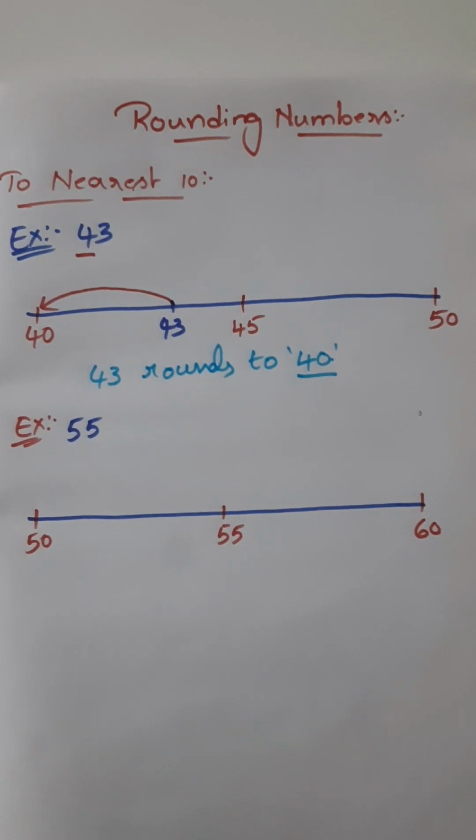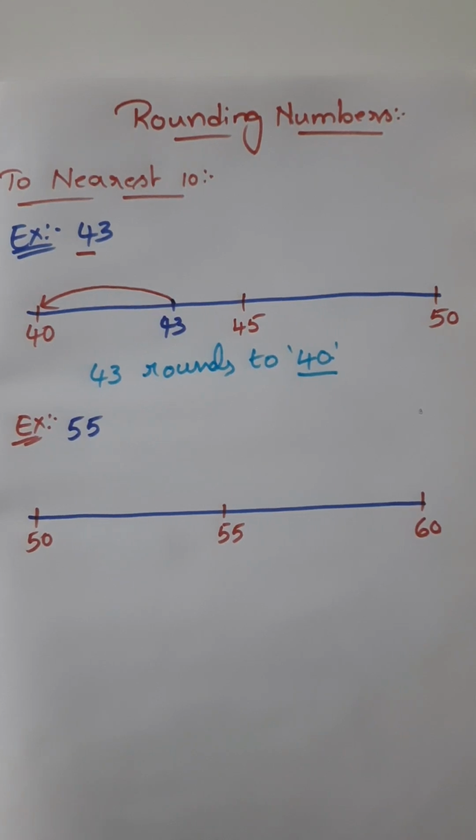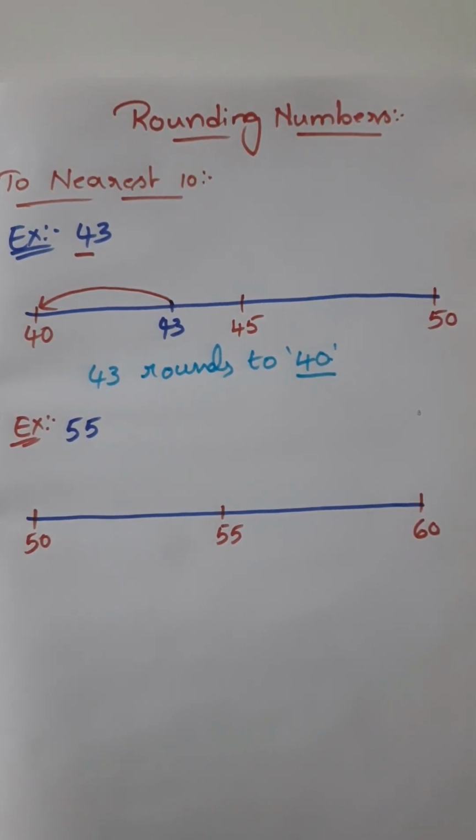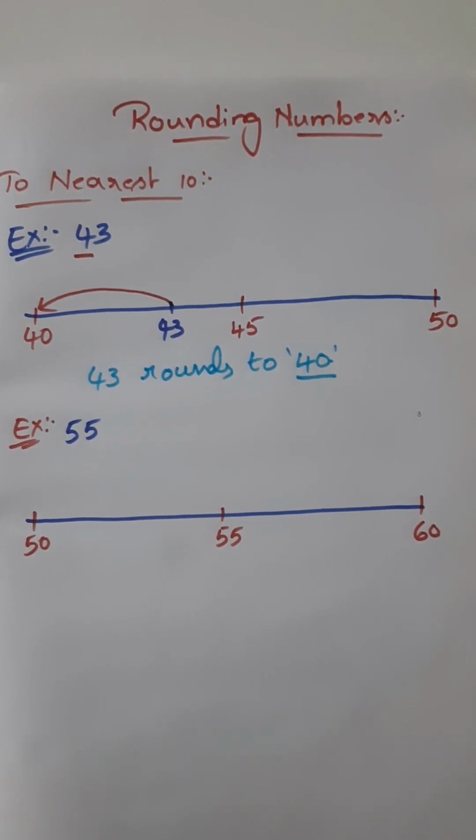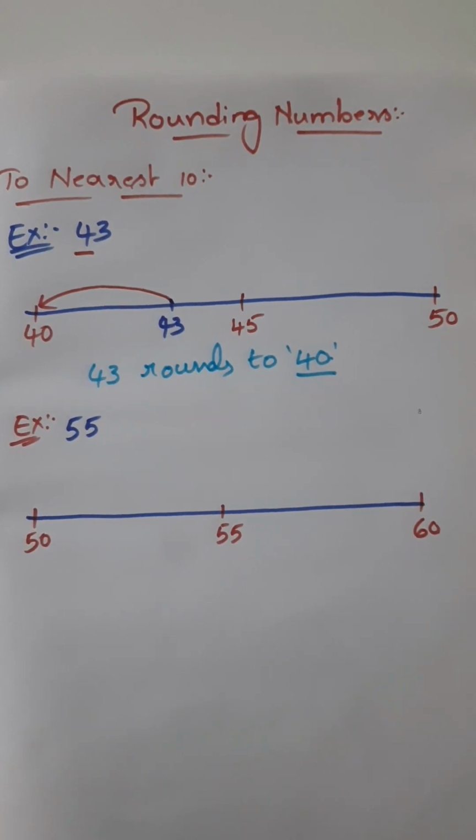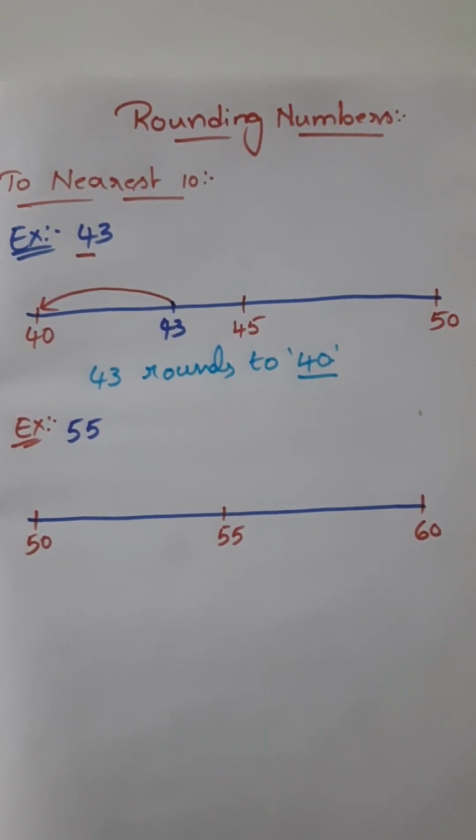Either we are going to round it to our left hand side or to our right hand side. Whenever we are rounding exactly the midway point, it should by default go to our right hand side. Because see, in tens place we have got 5, that is 50 value, and in ones place we have got 5 again, that is a midway number.